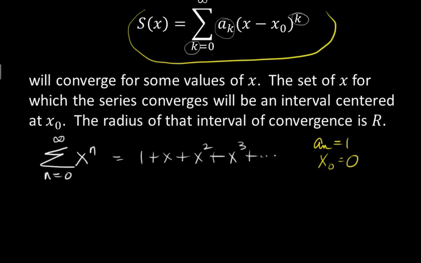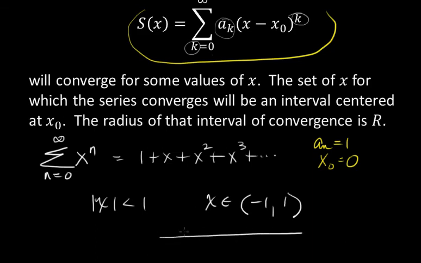And for what values of x does it converge? Well, we know that the absolute value of x has to be less than 1, and so x is an element of the interval minus 1, 1. Notice that this interval is centered at x naught equals 0. So these power series will always converge on an interval that is centered at x naught.